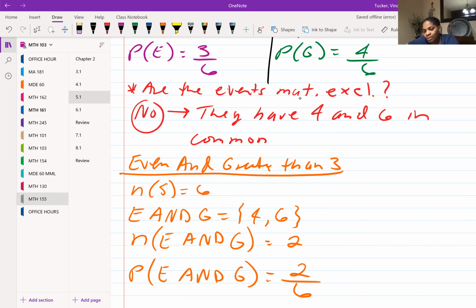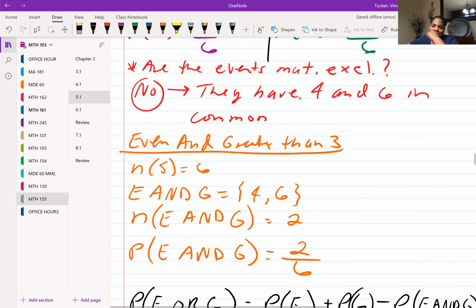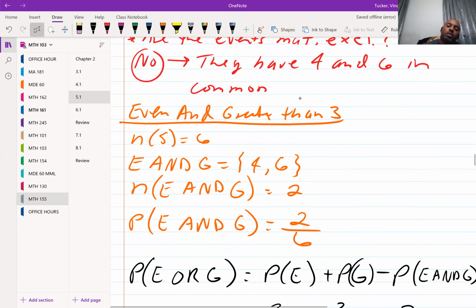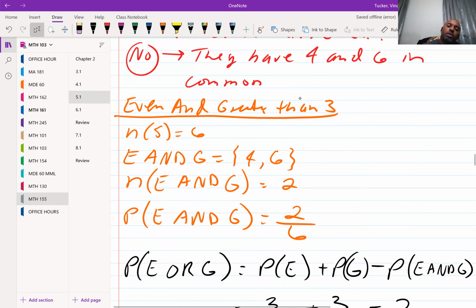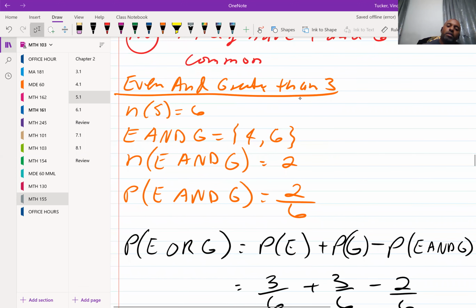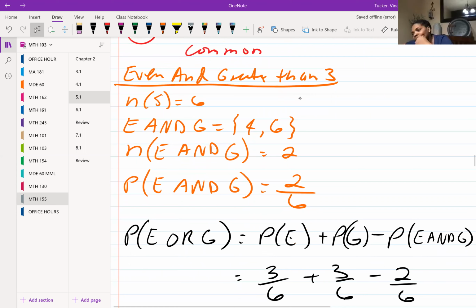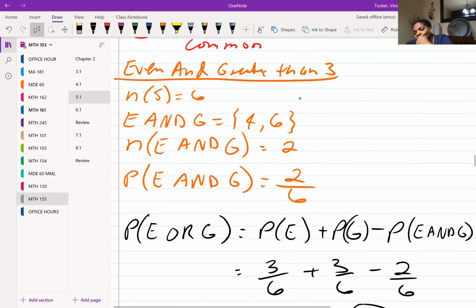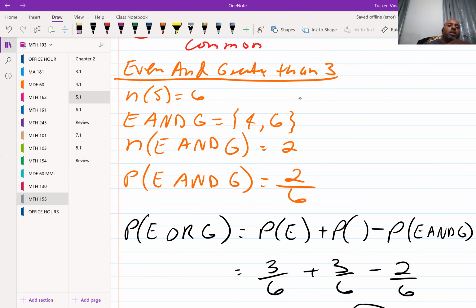All right. So there goes our formula. Go right down with the red. So we do the probability of our event E plus the probability of our event G. Try not to make my G look like a 6.